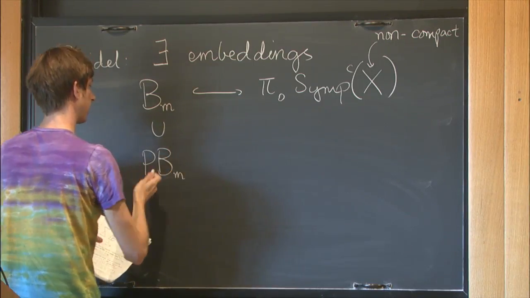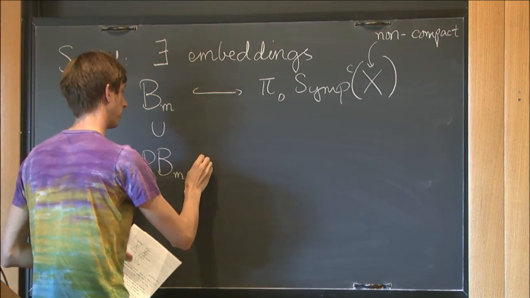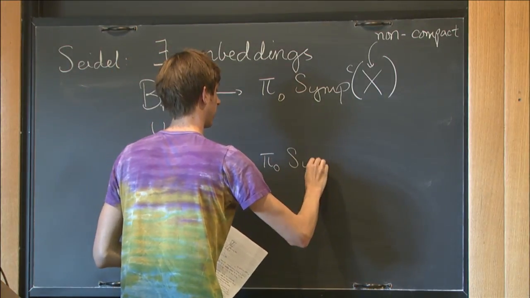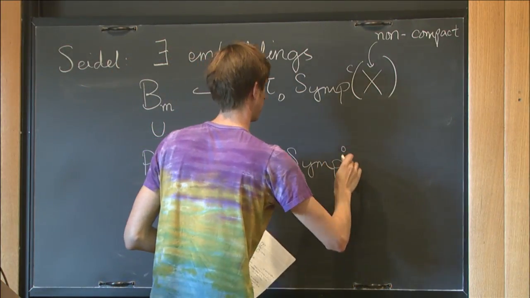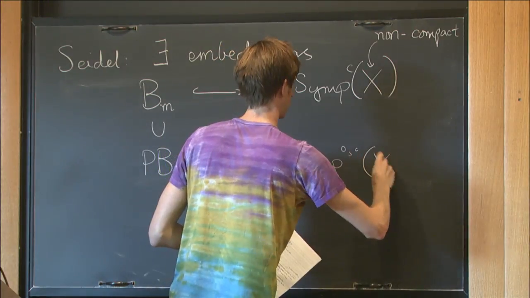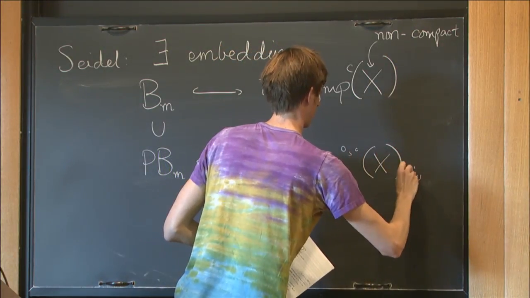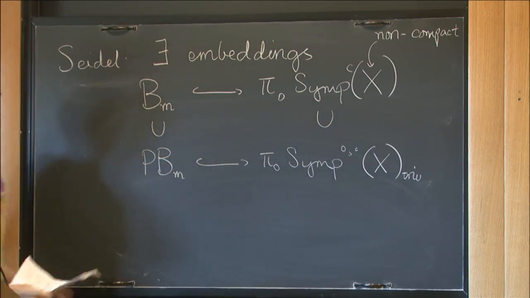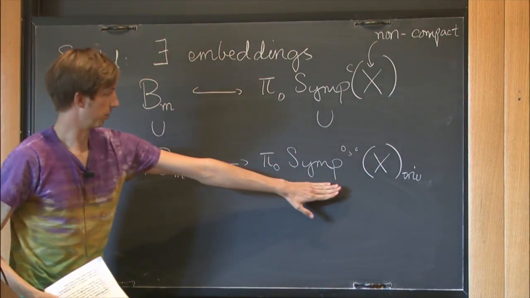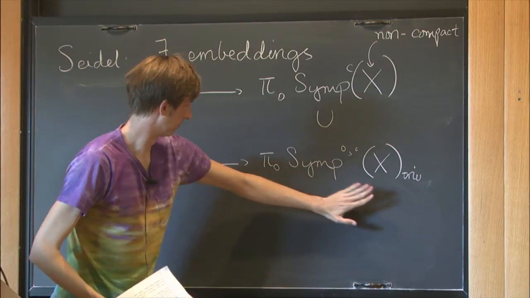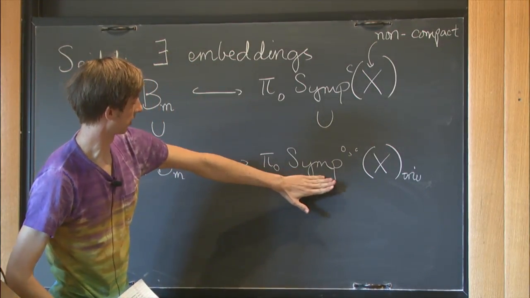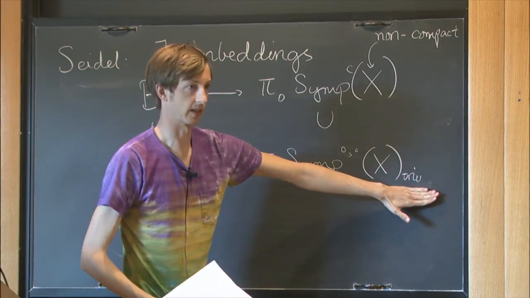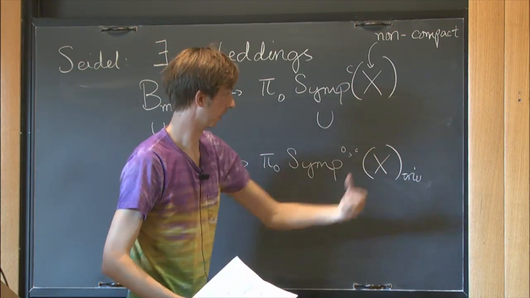And if we look at the pure braid group sitting inside, that's going to embed into the compactly supported symplectic mapping class group of things that are actually smoothly trivial.